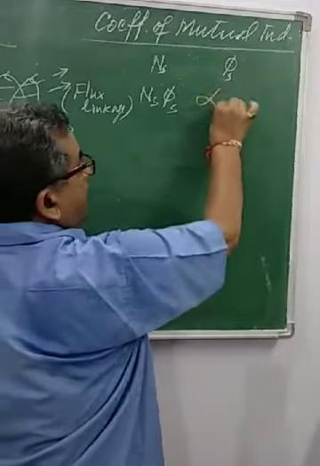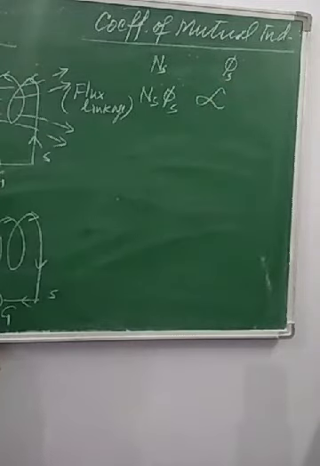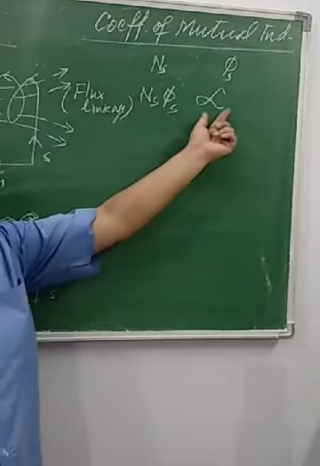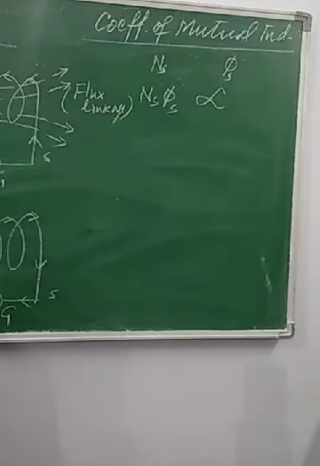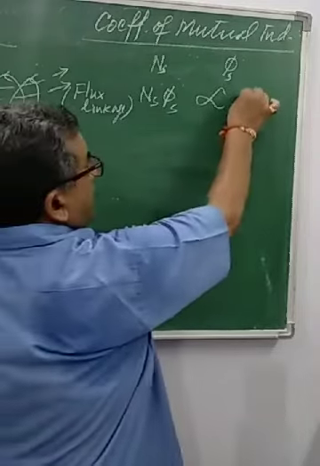This flux linkage is directly proportional to the current in the primary, that is I_P.